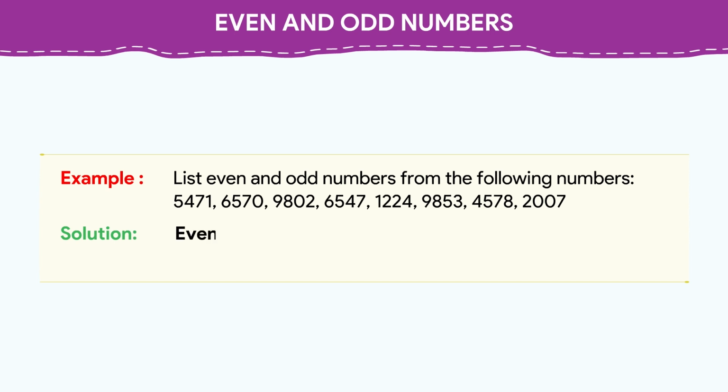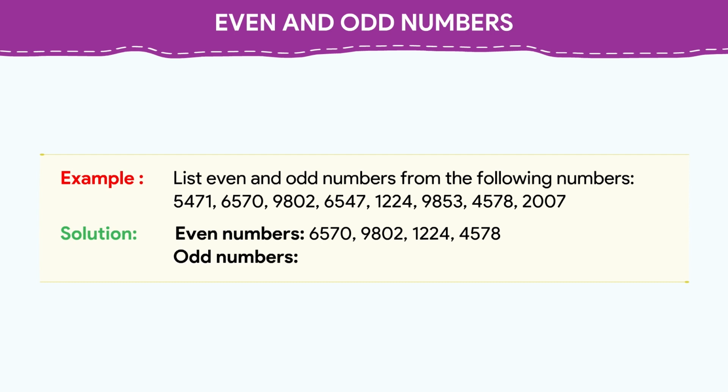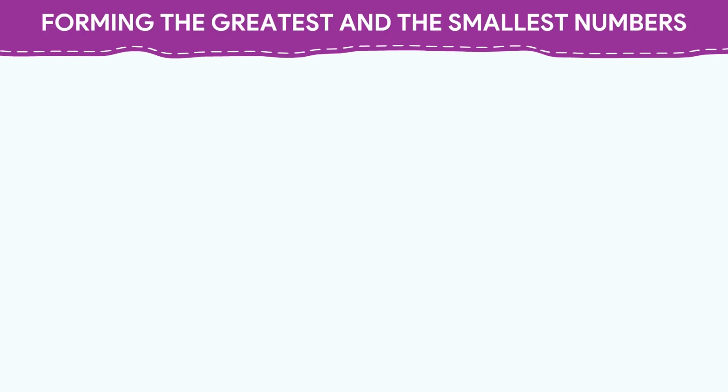Solution: even numbers: 6,570, 9,802, 1,224, 4,578. Odd numbers: 5,471, 6,547, 9,853, 2,007.